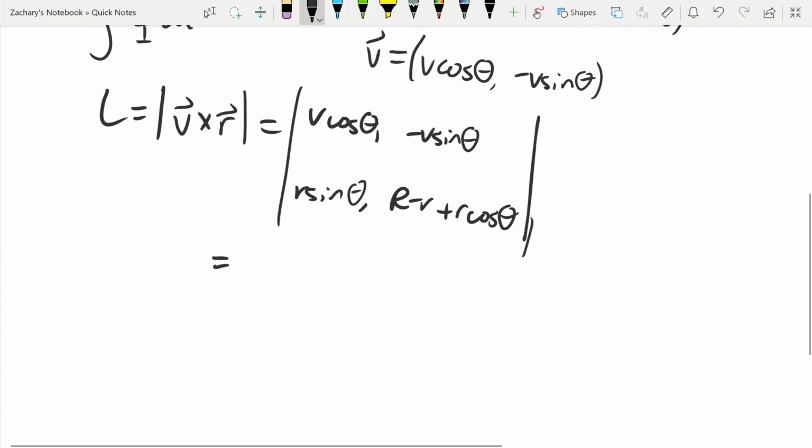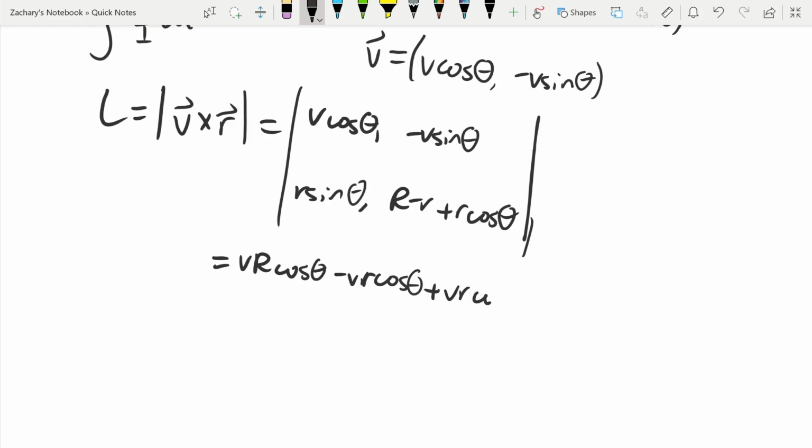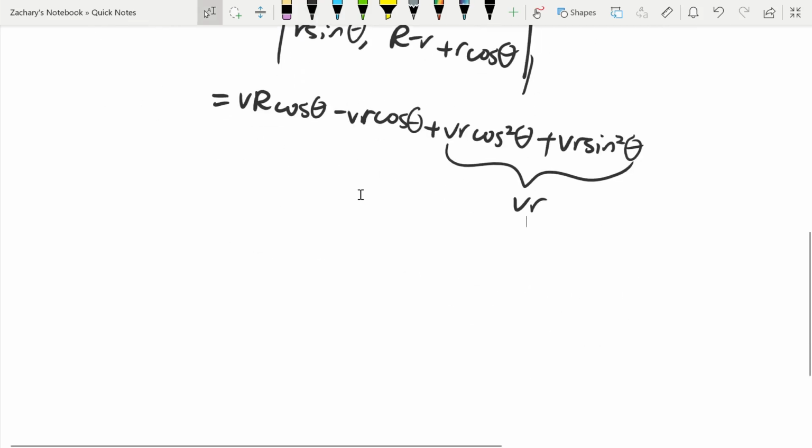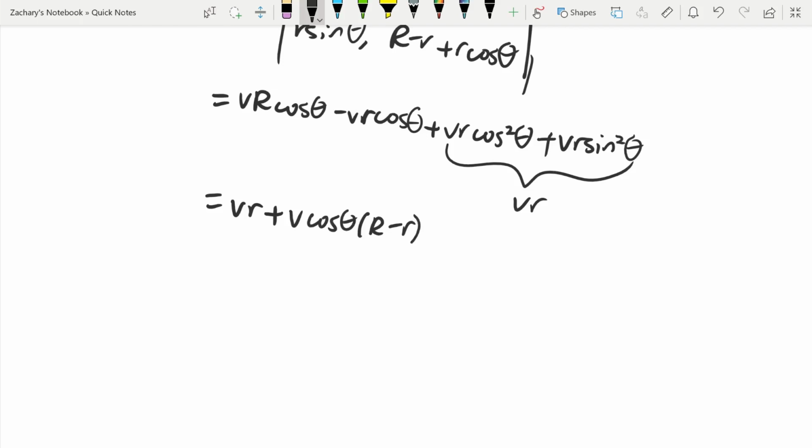This is v r cosine theta minus v R cosine theta plus v R cosine squared theta, and minus this negative, so it becomes a plus v r sine squared theta. And this obviously just becomes v r. So we're left with v r plus v cosine theta times (R minus r). So that's the angular momentum.